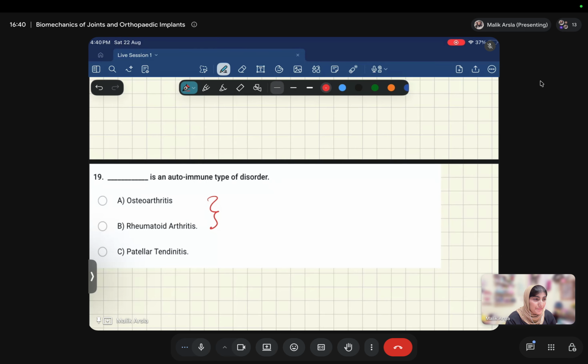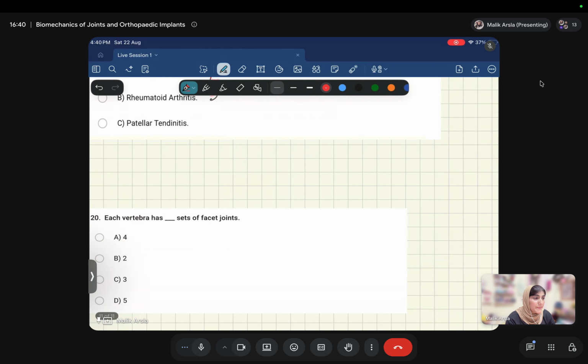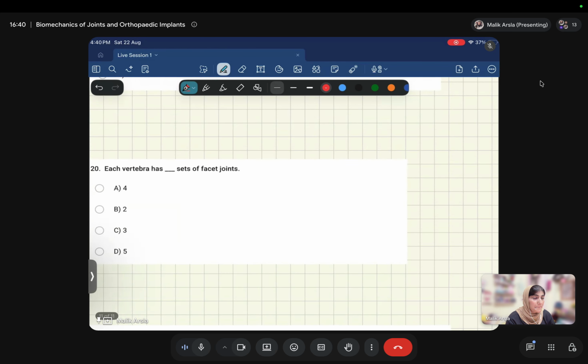Okay, so now we have, yeah. Each vertebra has a set of facet joints. Two, right? So we know that in our vertebral column, each vertebra has its superior and inferior articular facet joints, which are also known as zygapophyseal joints, okay.